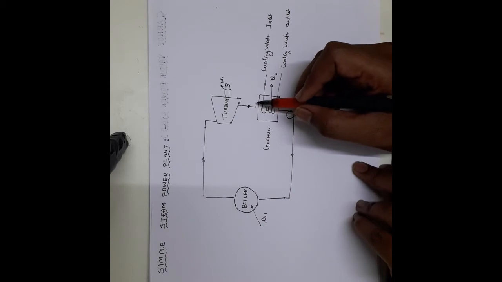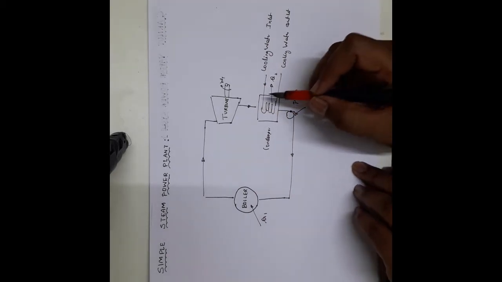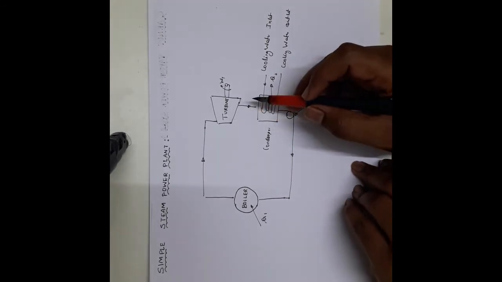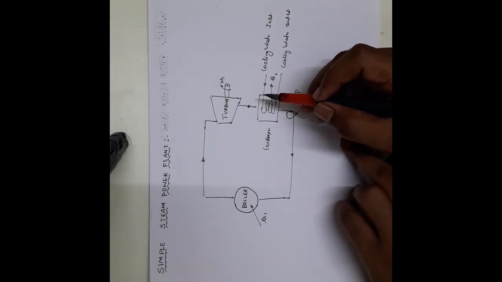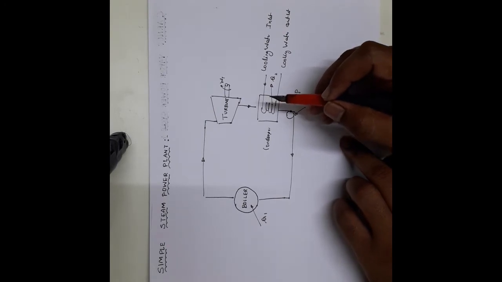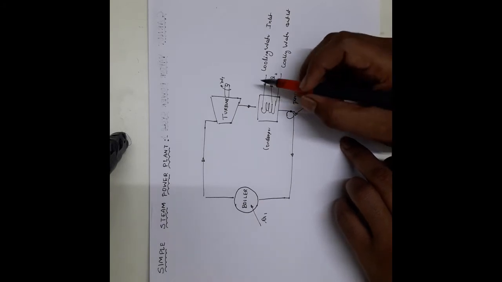After expansion it goes into the condenser. Remember, still the state of the steam at the exit of the turbine is in the vapor state. Usually it will be a mixture of vapor and liquid water.